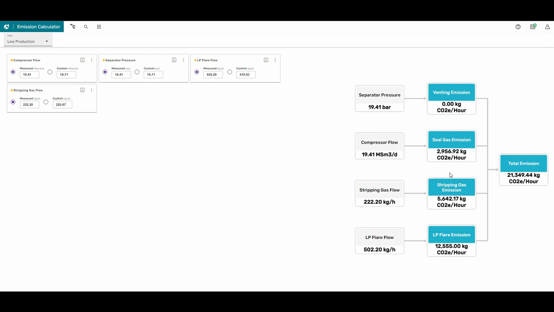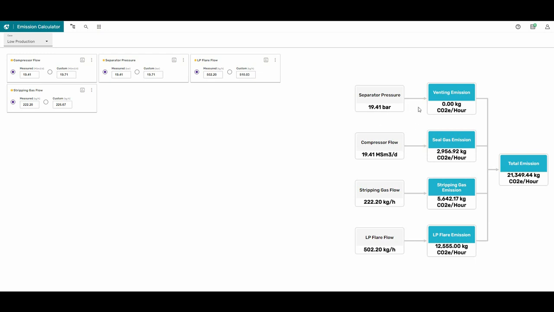So this is what we call the emission calculator type of functionality, but we have a pretty wide set of tools and modeling capabilities that can do much more advanced types of optimizations as well. But this type of what if scenarios are pretty efficient and very quick, because the models are very contained and they are small in themselves.